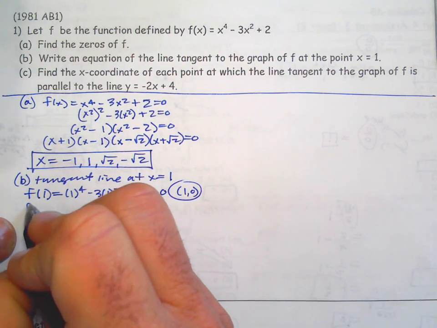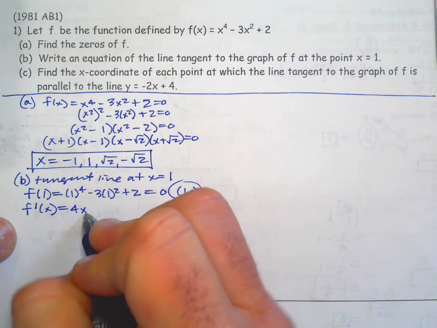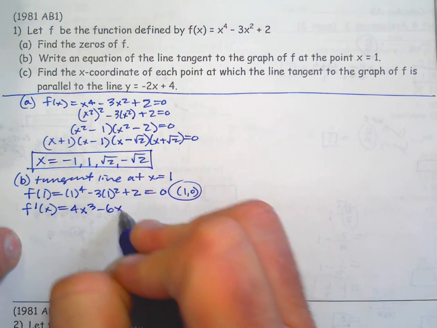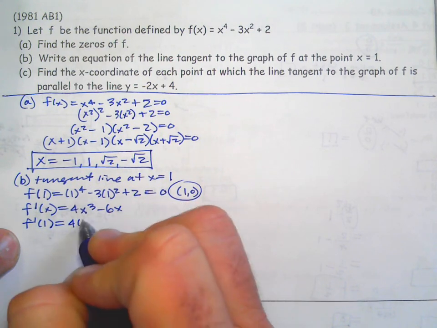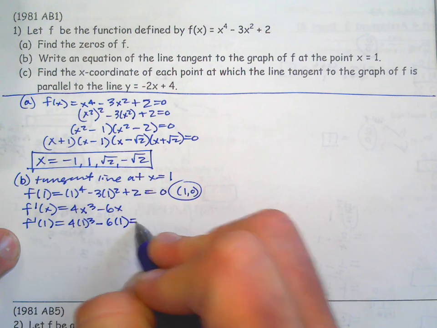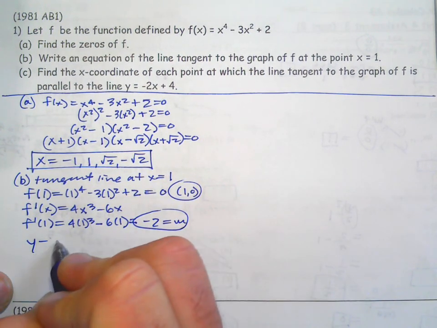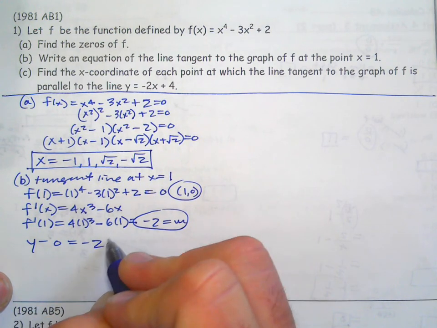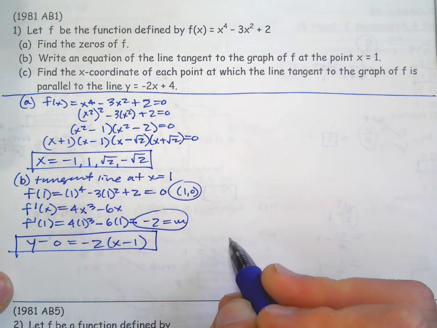You need the slope, which you get from the derivative. 4x cubed minus 6x. And then we plug 1 into that to find the slope. 4 minus 6 is negative 2. So that's your slope. So then we do y minus 0 equals negative 2 times x minus 1. Point-slope form. That's good enough. Just leave it.